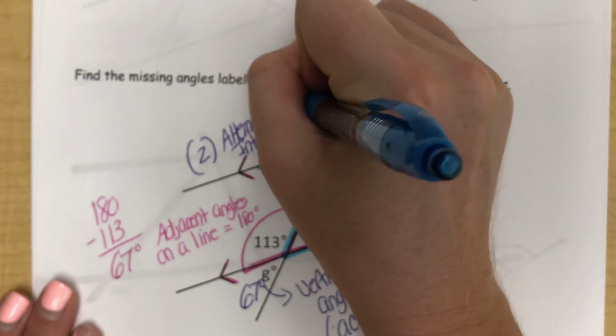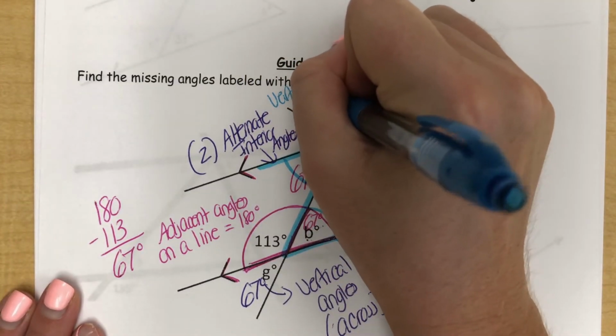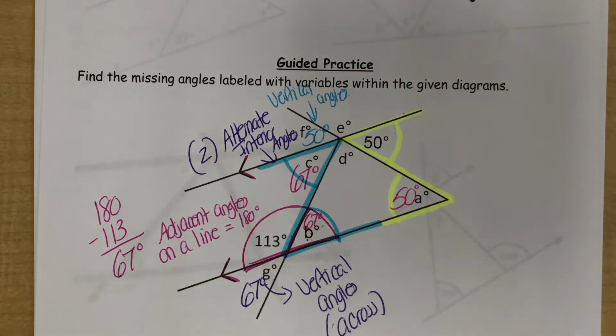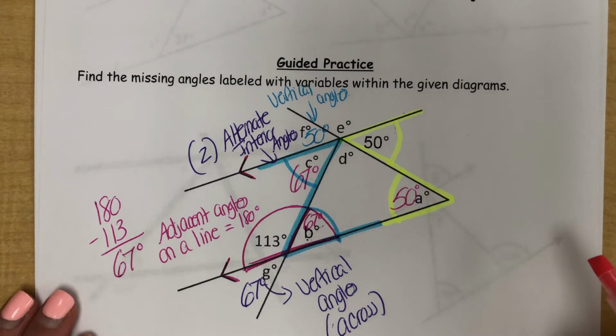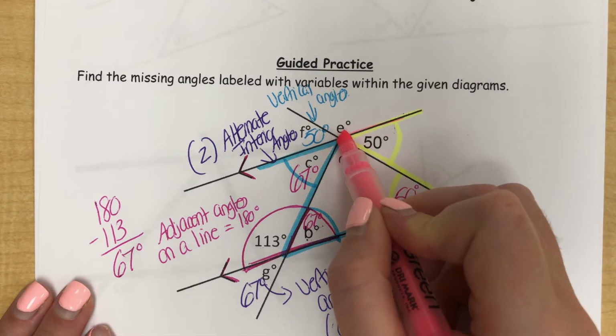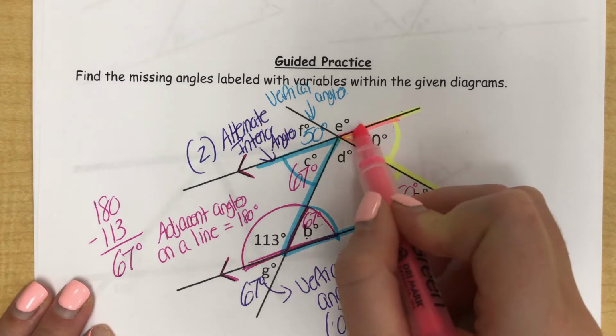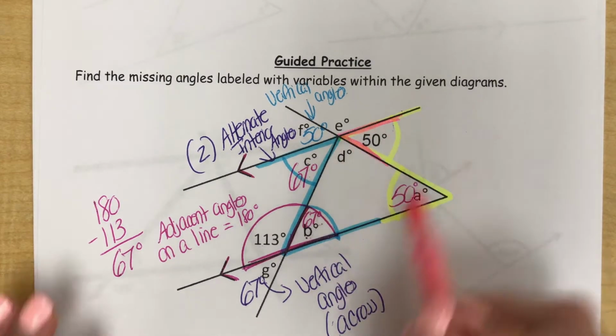Because of vertical angles. And if you're having trouble finding vertical angles, you can always highlight them out. So I'm going to use a different color here. These are the line segments that are forming that degree measure for 50, okay?